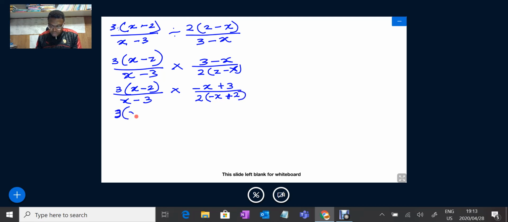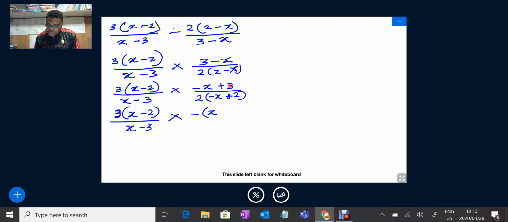x minus 2 over x minus 3 multiplied by, now we have to encapsulate this, take out a common factor of negative 1. So negative into negative divided by negative x, we have positive x.